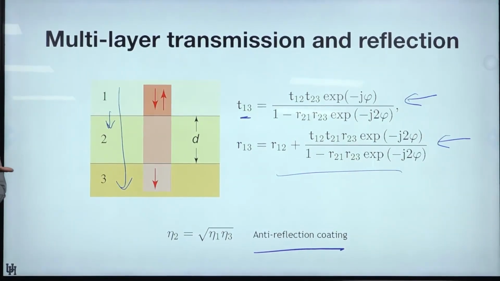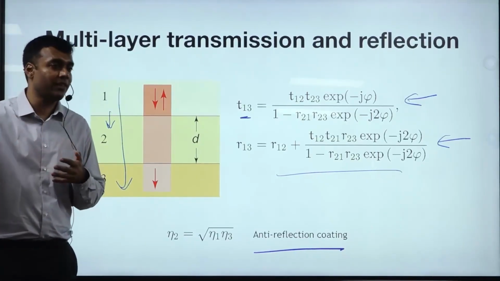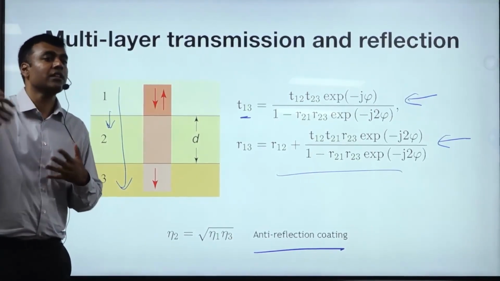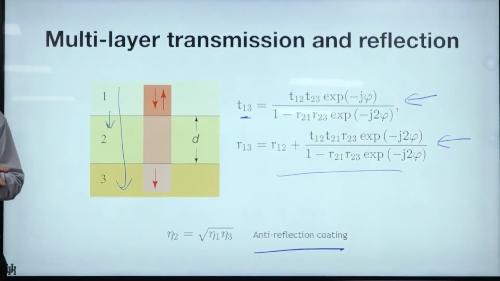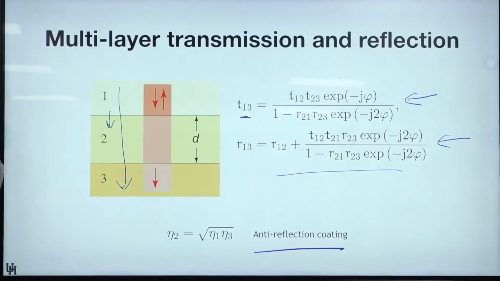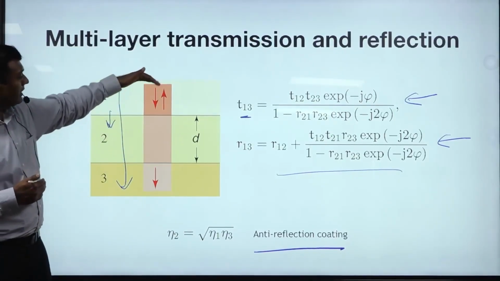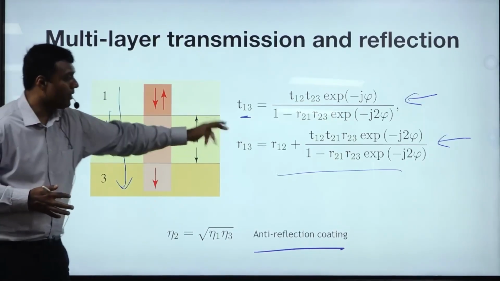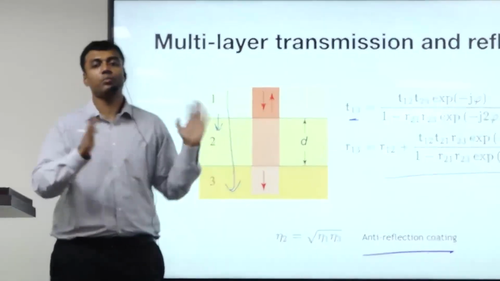If you want to build an efficient system, every time you pass light through a lens, some amount of light is lost. So you keep losing light, and your system becomes inefficient. So how do you build a better system? You can put some kind of coating on the lens, what is called an anti-reflection coating, such that after all these multiple reflections, if you optimize it, the transmission is almost 100% and the reflection is 0%.